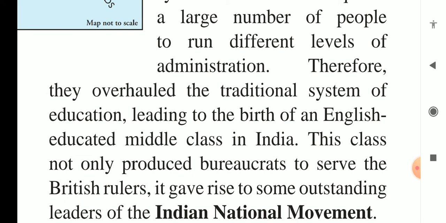So what Britishers did, they started trying to change the Indian education, and they were successful. And what was their purpose? If Indian people started getting English education, then Britishers would be able to successfully satisfy the need of employees, that is, an educated middle class in India.